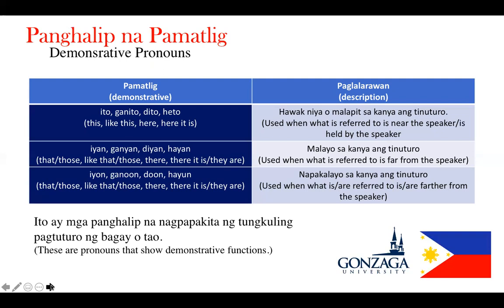Okay, next one. Let's use dito, which means here. Nilagay ko ang bag ko dito. Nilagay means put. What is this in English? Okay, I put my bag here, dito. Okay, next one.